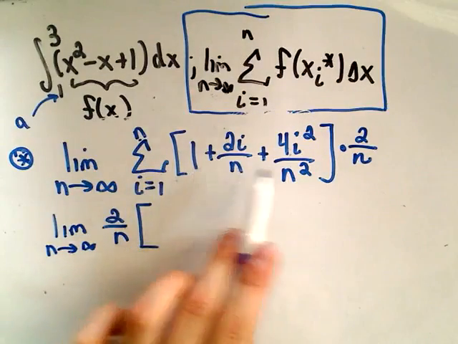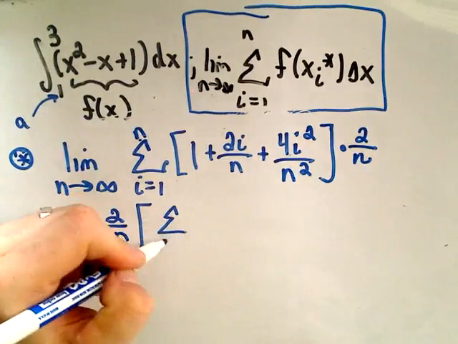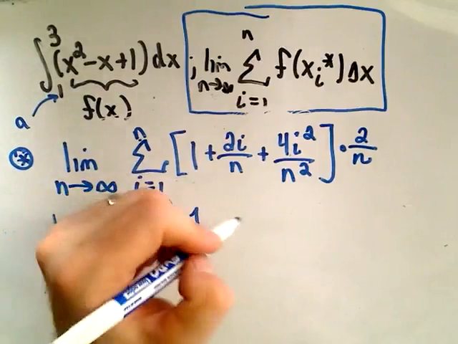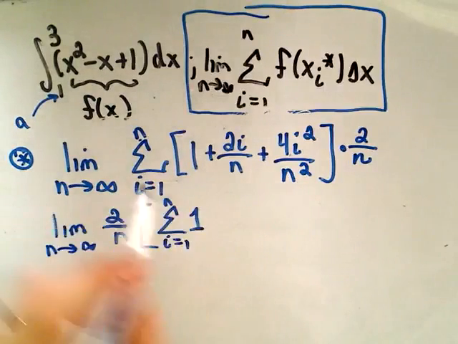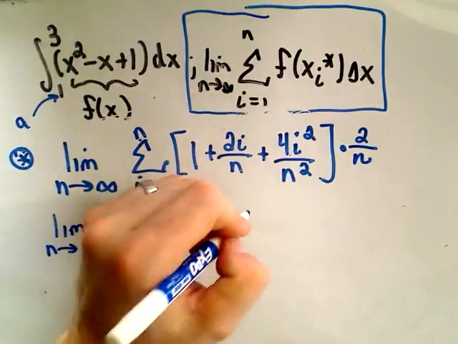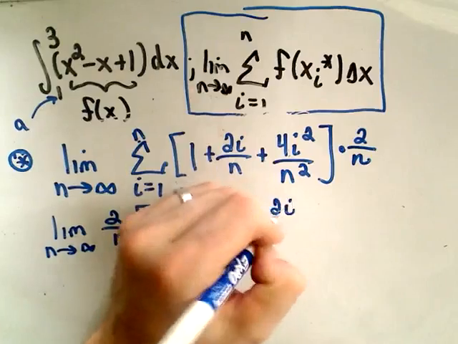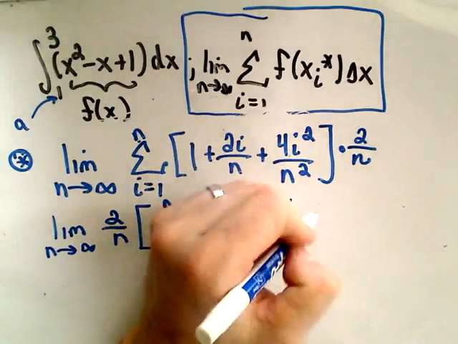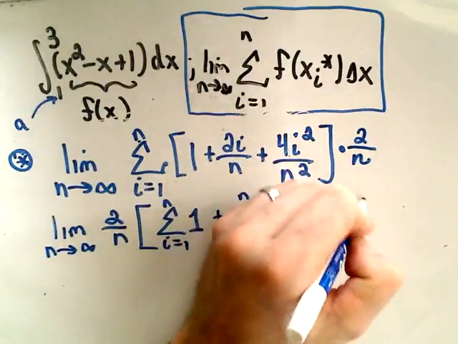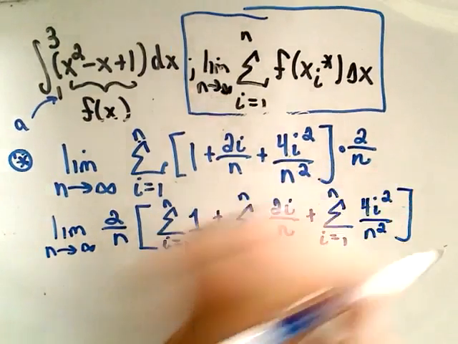Okay, when you have the summation of terms being added or subtracted, you can basically think about distributing that summation. You can sum each piece individually. So I'm going to rewrite this as the summation from 1 to n of just 1, plus the summation from i equals 1 to n of 2i over n, plus the summation from i equals 1 to n of 4i squared over n squared.